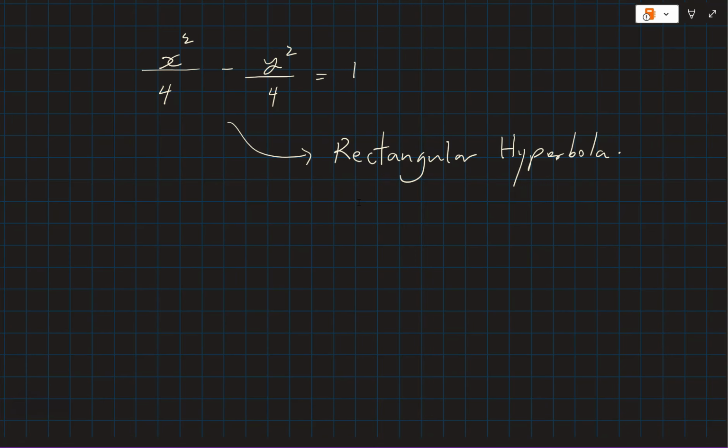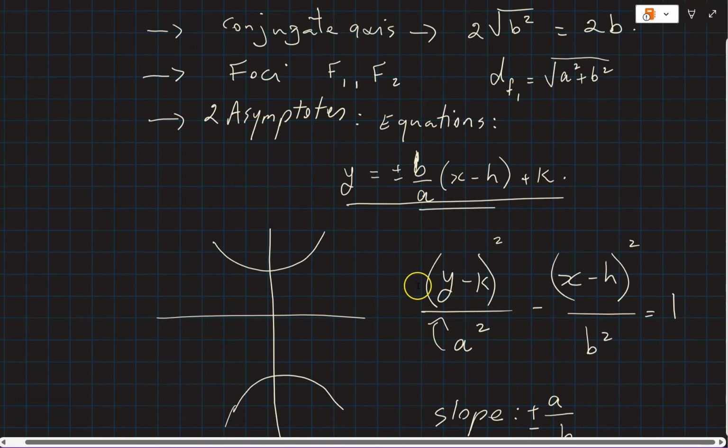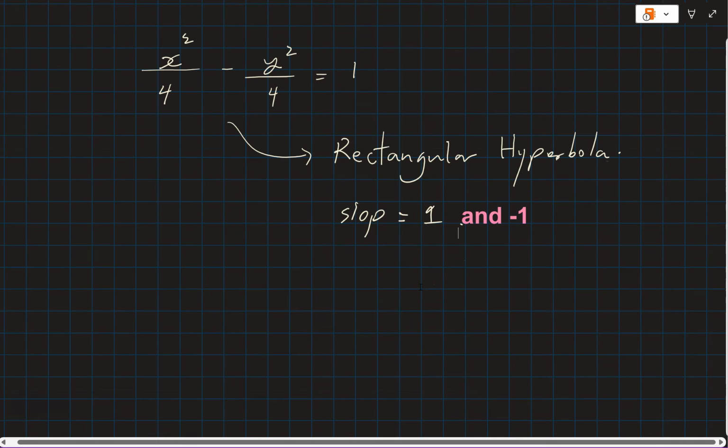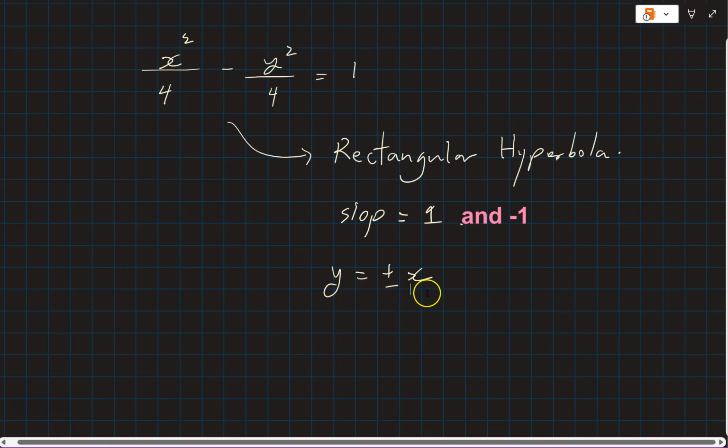And what happens is that the two asymptotes cross each other at 90 degrees, and you can see that the slope of this asymptote will end up being 1. That's why the equation of this one will be y equals plus or minus x, because they're the same. So that's the two equations for the asymptotes.